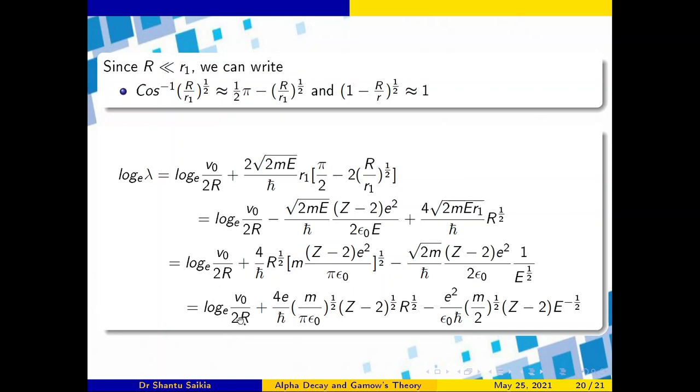So let's not confuse this R. This R is the range of, or the dimension of the nucleus. This is not the range of the alpha particle, this is the dimension of the nucleus. So what this relation gives us is a relationship between the disintegration constant and the energy of the alpha particle.